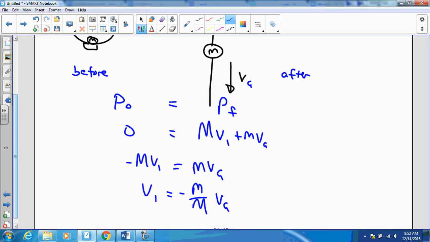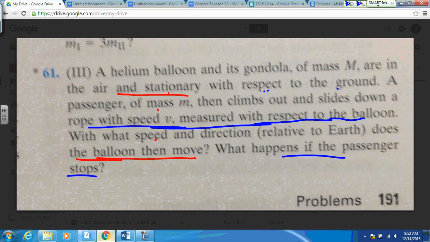What is Vg? Vg is the velocity of the guy sliding down with respect to the ground. Because everything in the problem was given to us with respect to the ground, except for v, which was given with respect to the balloon, which we thought was weird, and why are they doing that? And we'll go back and fix that in just a second. Because they want a final answer relative to Earth for the balloon moving.